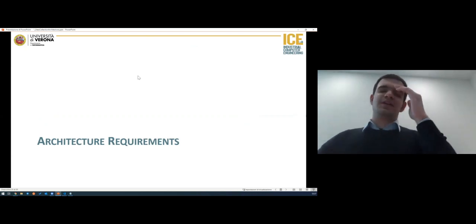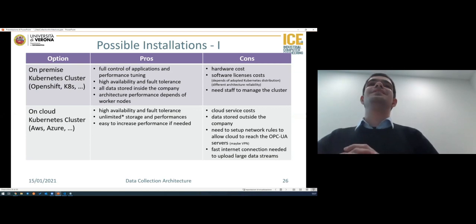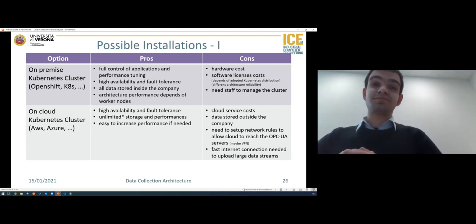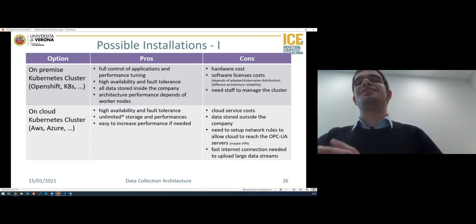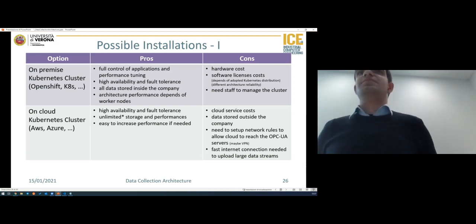Okay, requirements of this architecture. With requirements, I mean the different methods of deploying this entire system. We see three different ways with pros and cons. Clearly, the on-premise Kubernetes cluster is the most flexible solution.